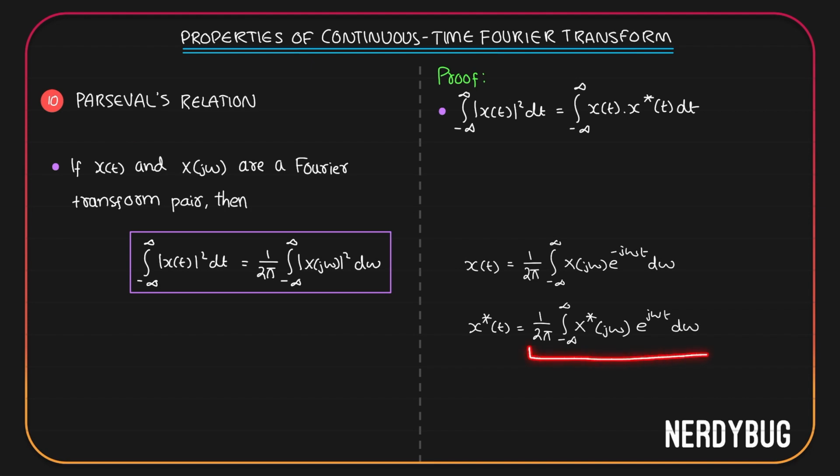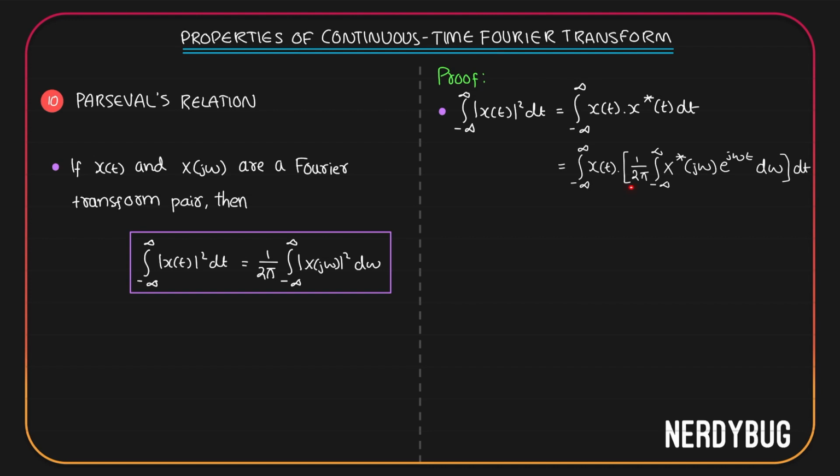Let us use this expression for x conjugate of t over here. Then our equation becomes the integral from minus infinity to infinity of x(t) multiplied by 1/2π times the integral from minus infinity to infinity of X conjugate of jω e^(−jωt) dω.